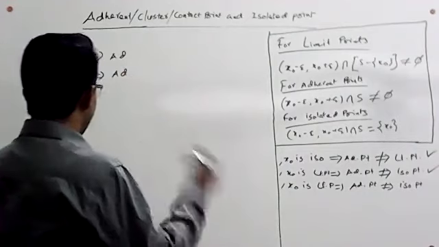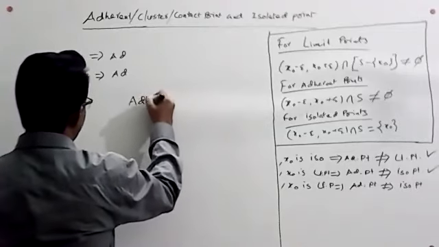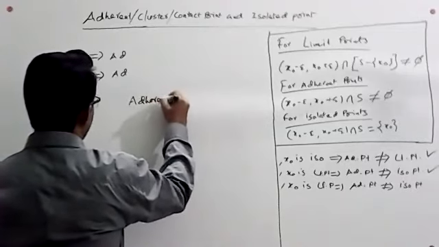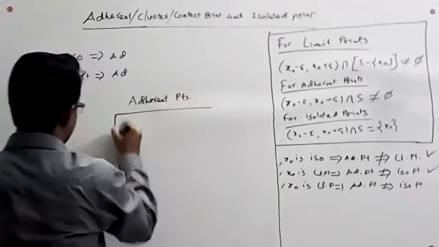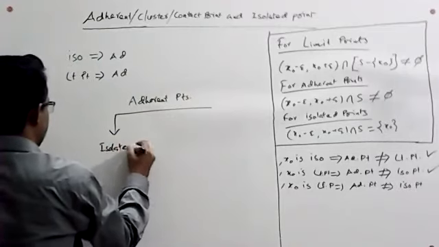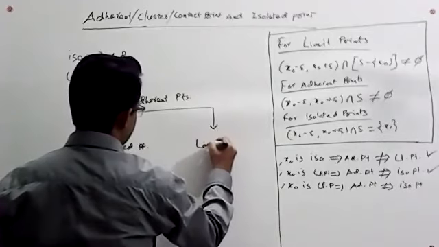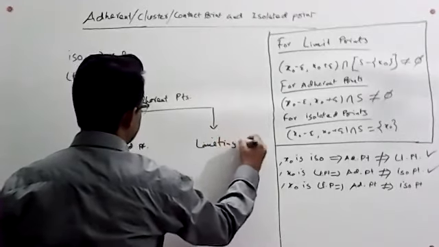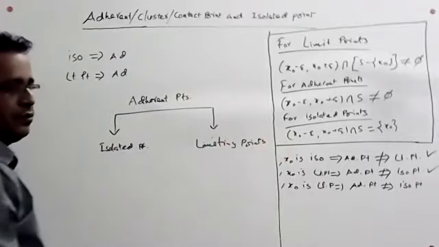So from here, we can say that adherent points are of two types. One type is isolated points, and the other type is limiting points. Adherent points are actually divided into two classes.